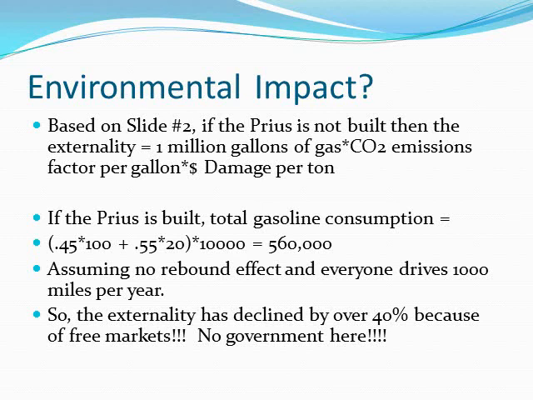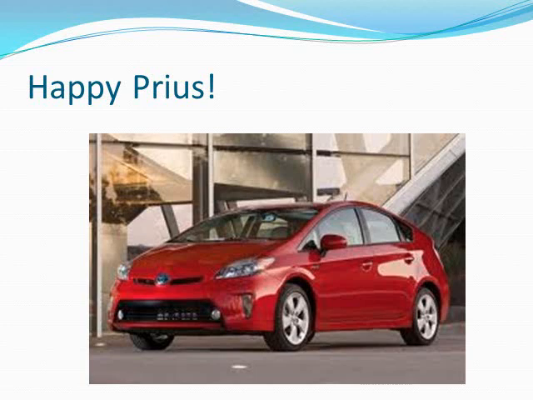So even in the absence of government, when you introduce this variety because of the consumer externality effect, the pollution externality declines by over 40%, as total gallons of gasoline consumed to drive the same miles shrinks from 1 million to 560,000 per year. This is free market environmentalism at work with no government here at all. Look at that happy Prius. And it was brought about by the consumer externality. And that's the end for today.